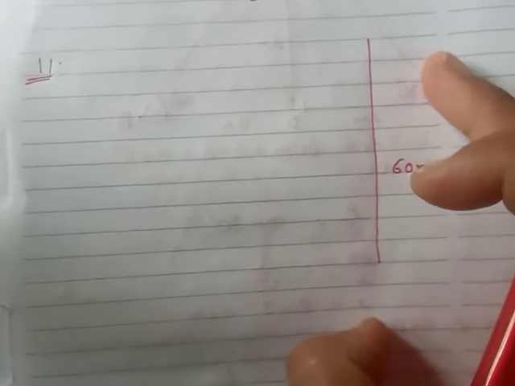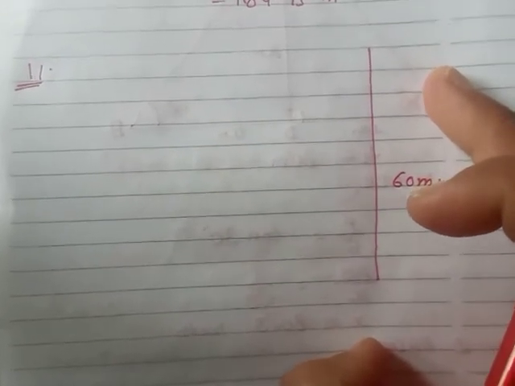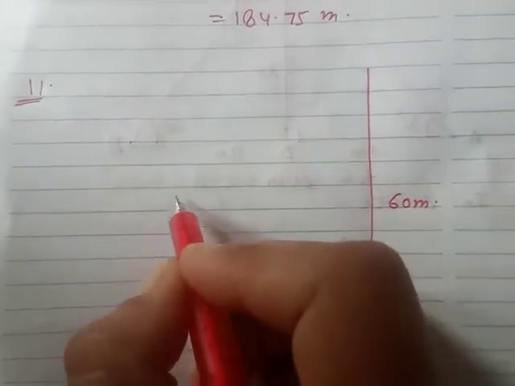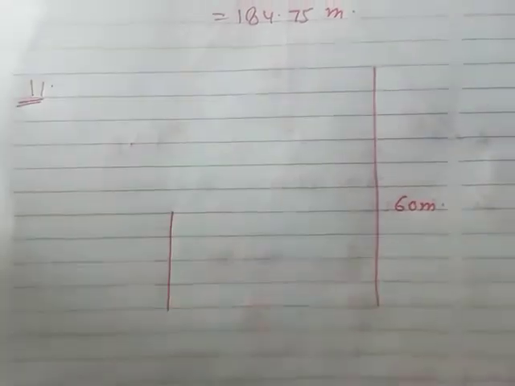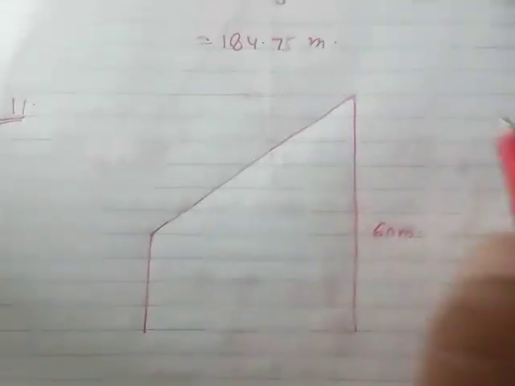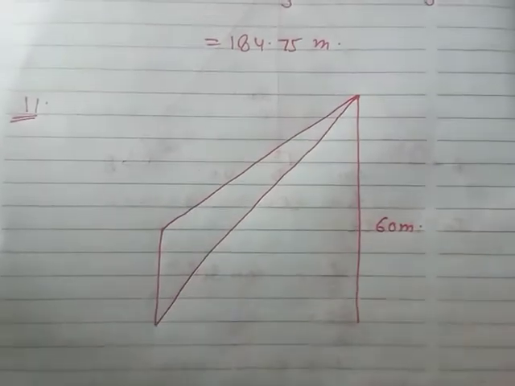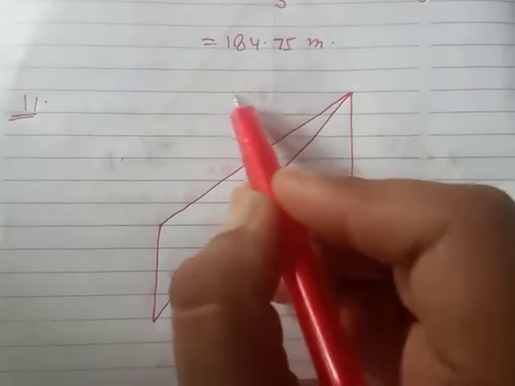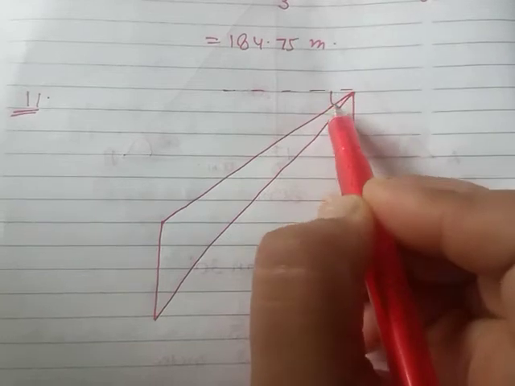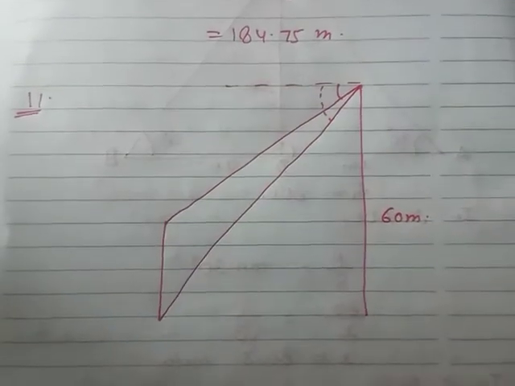The angles of depression of the top and bottom of a tower, there is a tower also. They are talking about the angle of depression.